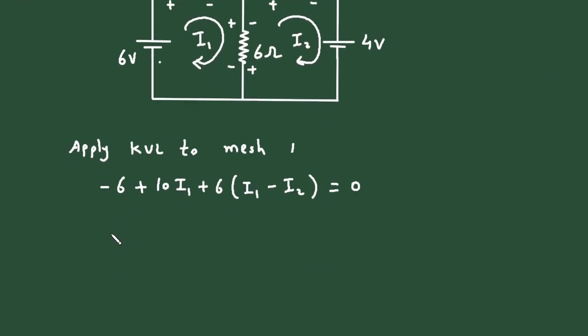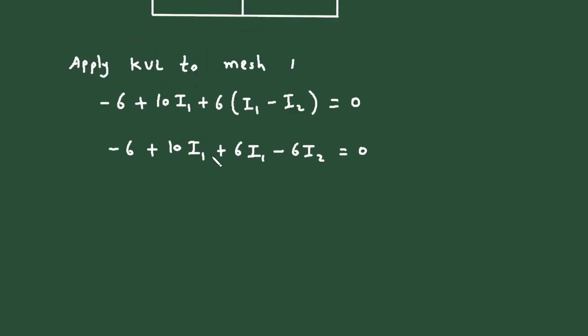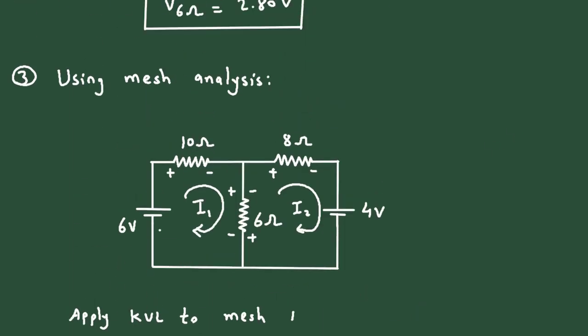So it will be minus 6, then plus 10 I1 plus 6 I1 minus 6 I2 is equal to 0. Let's solve this. It will be 10 plus 6, 16 I1, then minus 6 I2 is equal to plus 6. Now let's say this is equation number 1.